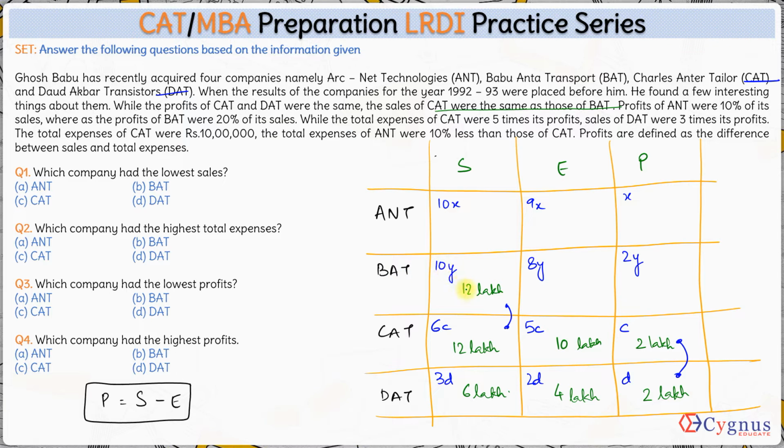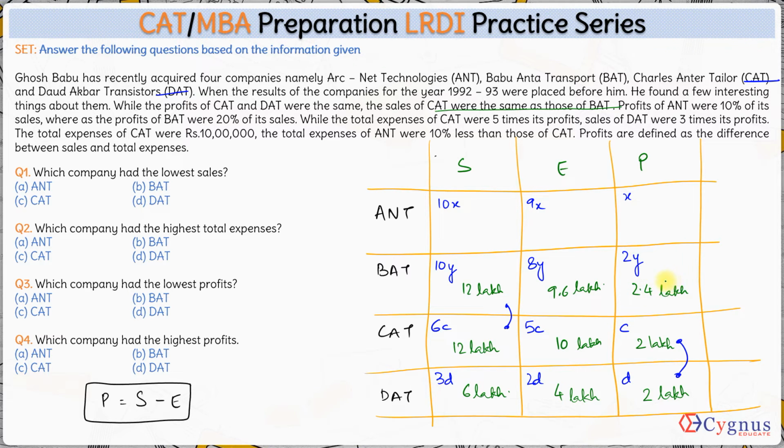So 10y is 12 lakh rupees, hence 8y will be 9.6 lakh rupees, and profit will be 2.4 lakh rupees. 10y is 12, that means y is 1.2. So 8 times 1.2 is 9.6 lakhs and twice 1.2 is 2.4 lakhs.